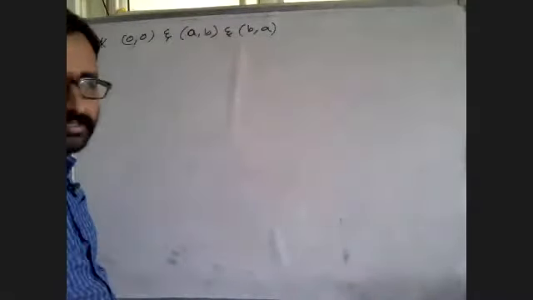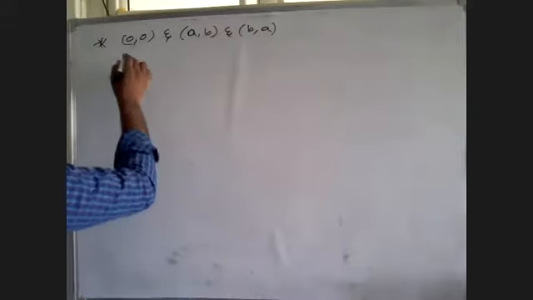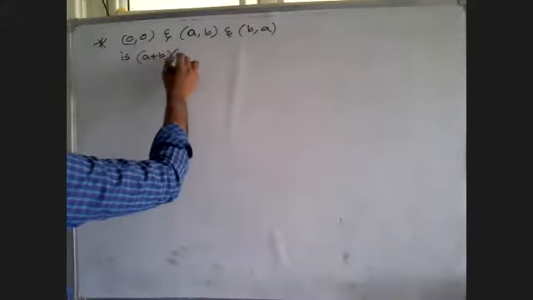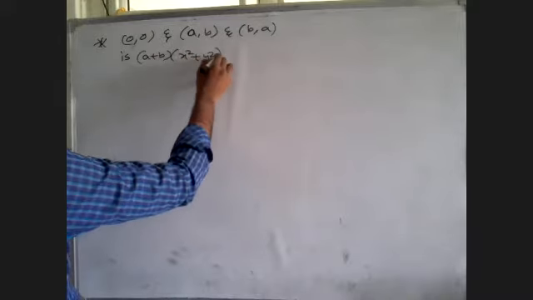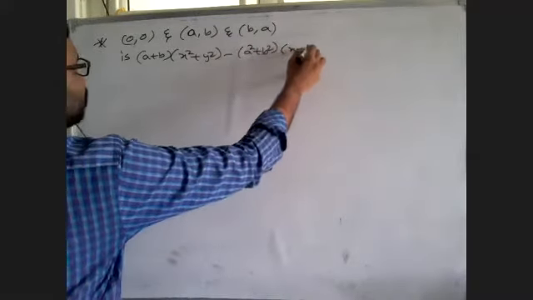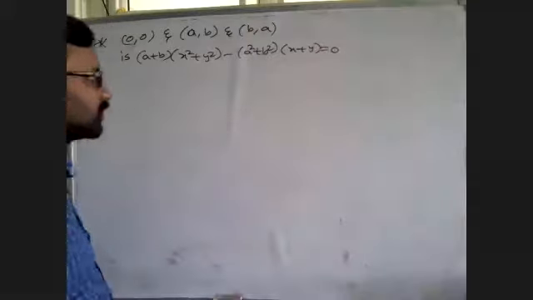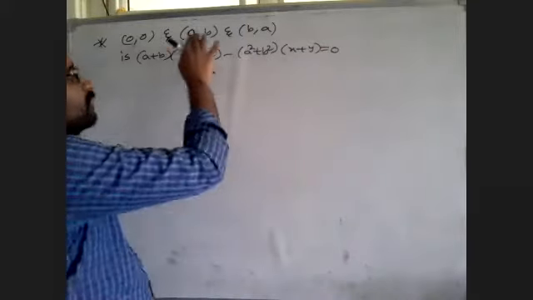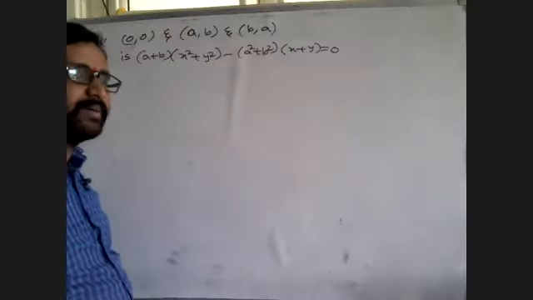If you have this, the equation of the circle is (a + b)(x² + y²) − (a² + b²)(x + y) = 0. This is the equation of the circle passing through the 3 points: one is (0, 0), one is (a, b), one is (b, a).